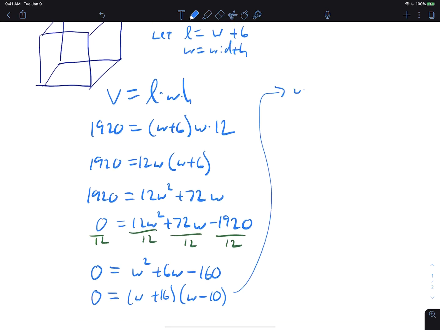We have W plus 16 equals 0, or W minus 10 equals 0. Subtracting 16 means W equals negative 16. Adding 10 means W equals 10. And notice that we rejected negative 16 because that's a negative width, and that doesn't make any sense. We only use W equals 10.